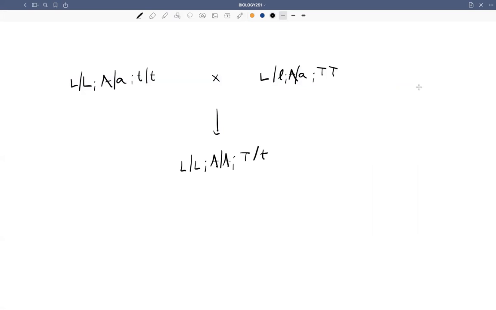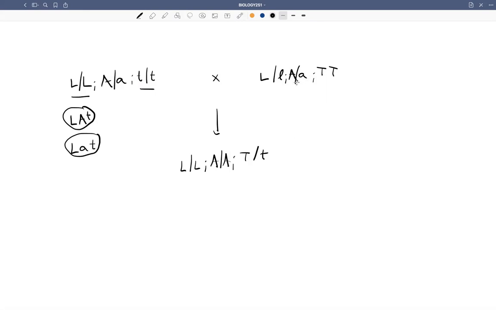I guess we could probably do that. It's not too complicated. Number of unique gametes here. So this individual could have big L, big A, little t, or big L, little a, little t. They're the only possible gametes. There's only one gene that's heterozygous here.